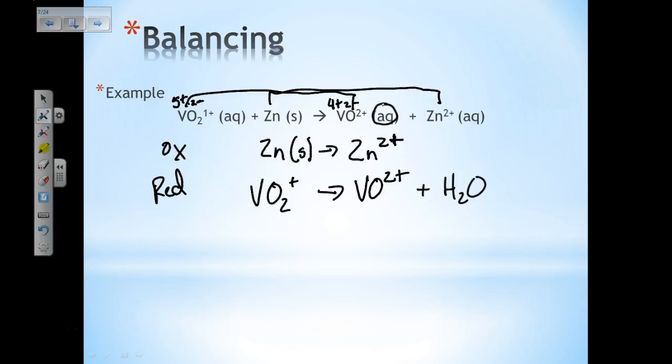But by doing that, now we've added hydrogen to the mix, and that's bad. But this is an acid catalyzed reaction. So if it's acid catalyzed, we should be able to use H+, and that's where this comes from.